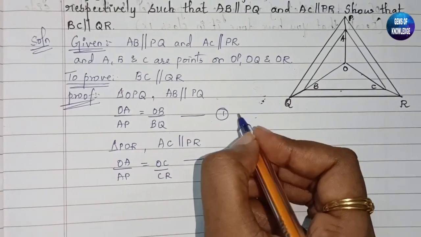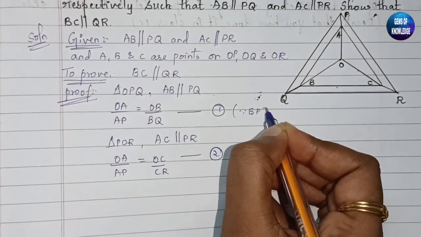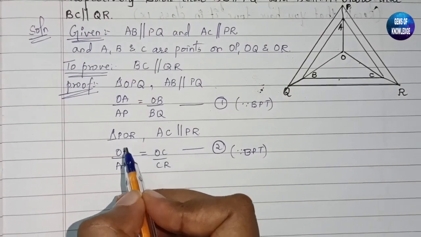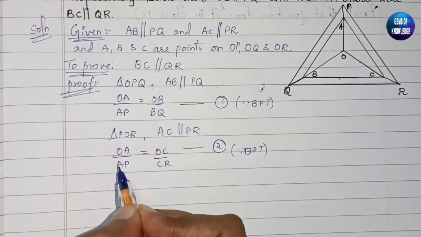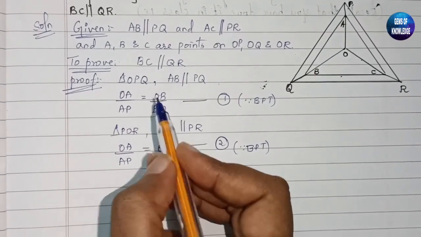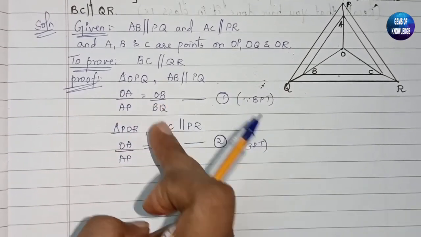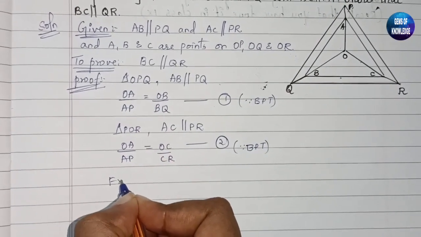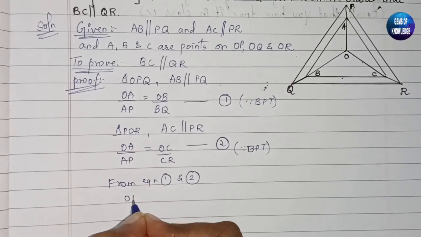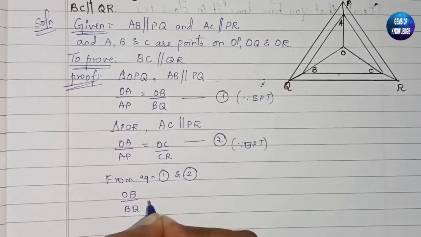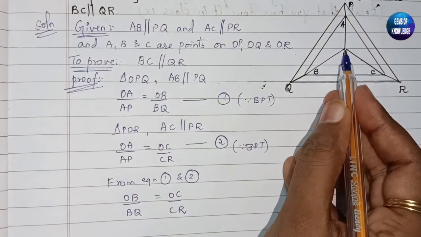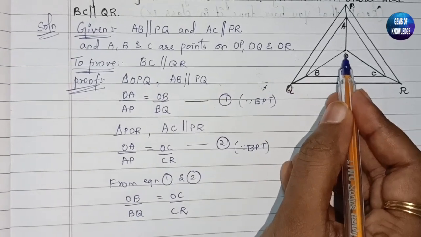Here you can write the same reason, that is by BPT, and here also the same reason, since by BPT. You can see you got the same thing, OA by AP, which is equal to OB by BQ, and also equal to OC by CR. Since you got two things similar, you can equate them. So from equations 1 and 2, you can write OB by BQ is equal to OC by CR.